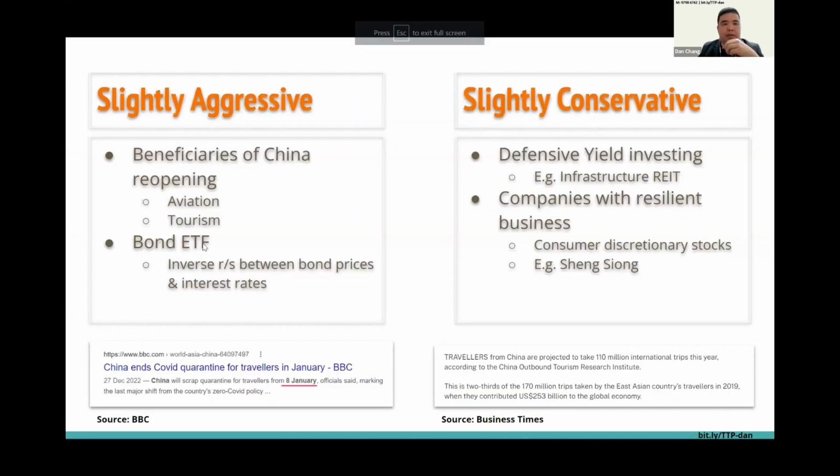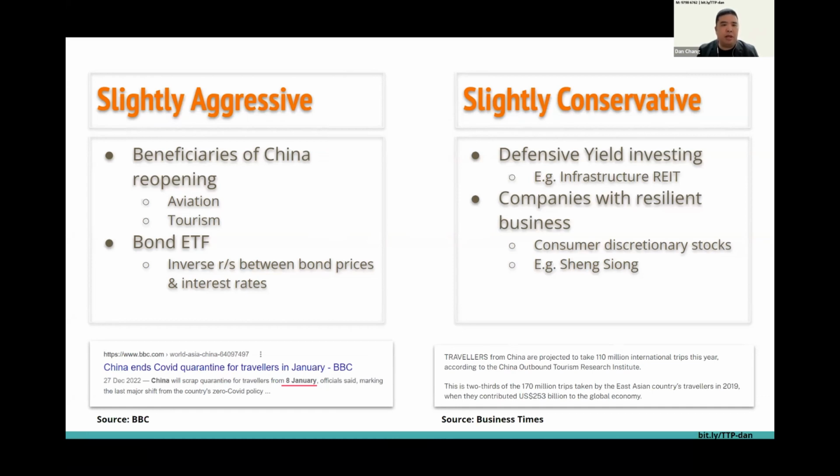another thing that you can look at, for a slightly aggressive trade plan, is bond ETF. There is an inverse relationship between bond price and interest rate. When interest rate goes up, bond price comes down, and that is what happened to the bond market in 2022, the bond slump.